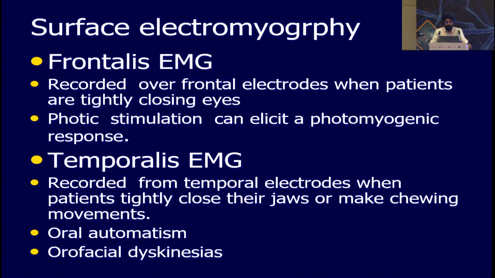Frontalis EMG is mostly over the frontal electrodes when patients tightly close the eyes, and it can elicit a photic stimulation also, which can cause a photomyogenic artifact or response. Temporalis EMG is recorded from the temporal electrodes when the patient tightly closes the jaws or makes chewing movements. You can have these movements at the time of seizures also with oral automatisms, or any orofacial dyskinesis can cause these temporalis artifacts.